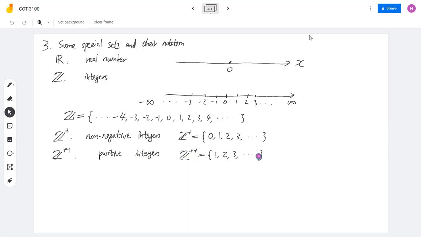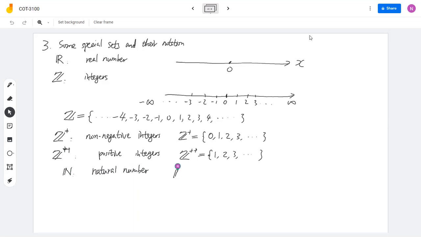By the way, you probably will see, and probably you have seen, the notation of natural numbers, this capital letter N. Unfortunately, for natural numbers N, we don't have a commonly agreed notation. That is because some authors use N to denote Z+.